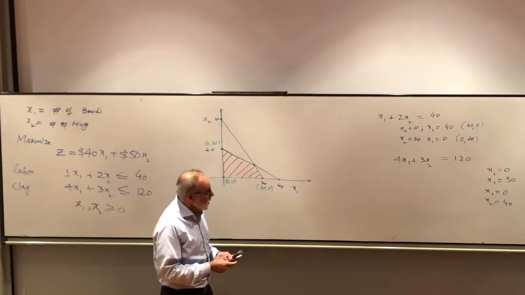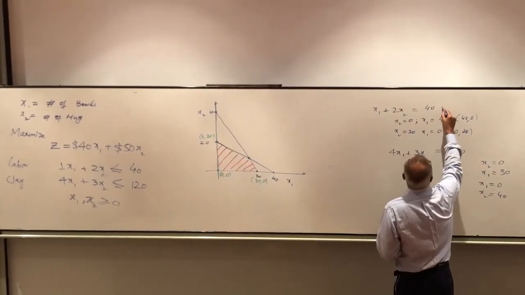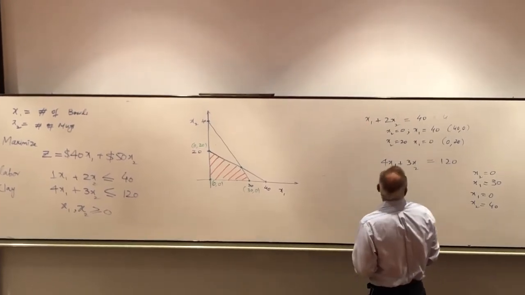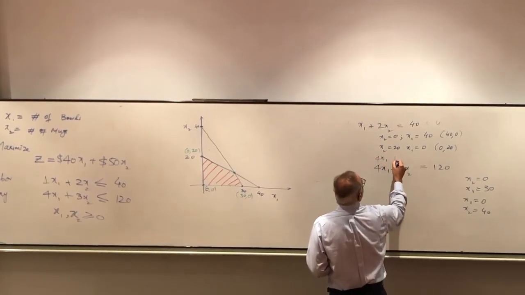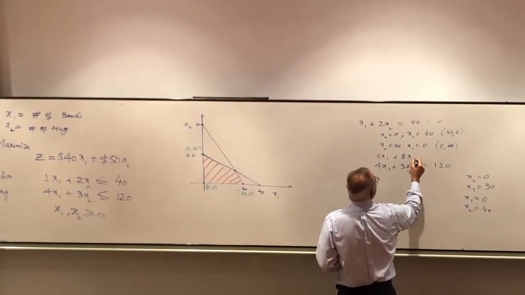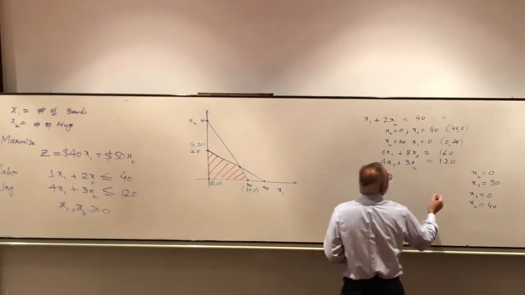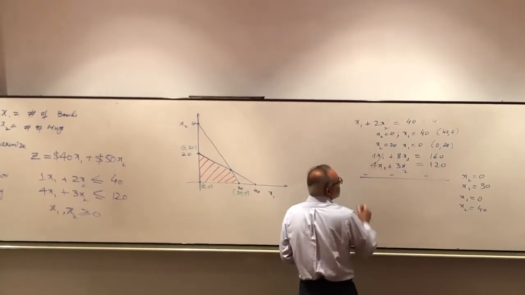So what we can do is we can just multiply this equation with 4. This will become 4x1 plus 8x2 equals to 160. Then minus, this goes.